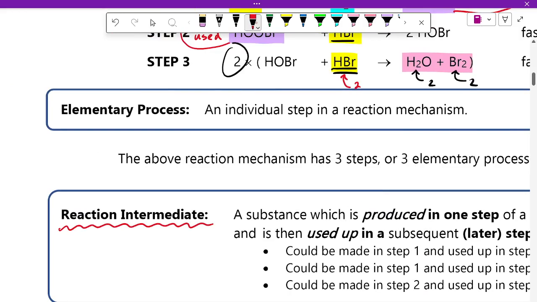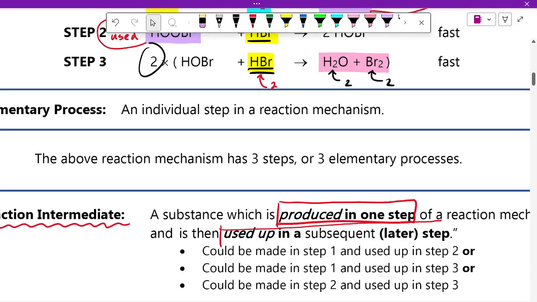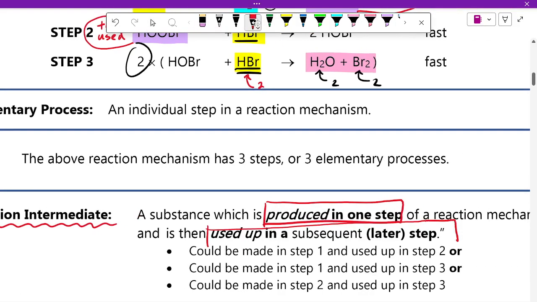Okay, it is produced in one step and it is used up in a subsequent step. Now, what the heck does subsequent mean? Subsequent just means later, but you will hear the language subsequent.